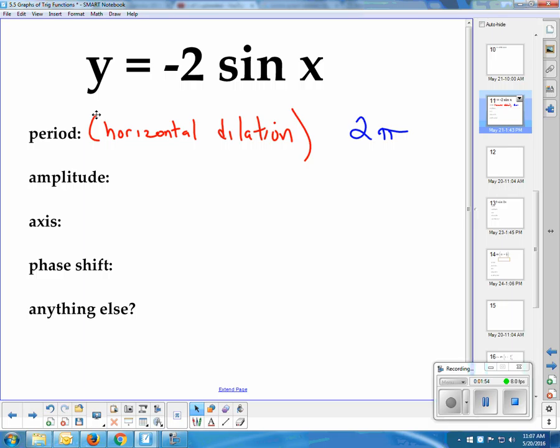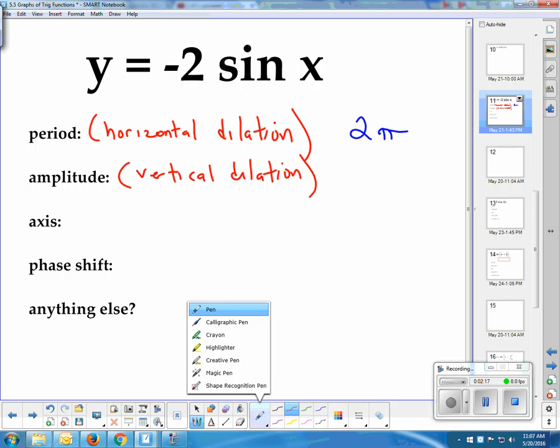The amplitude of the graph, remember, is going to be half of the height of the graph, and that is going to be a vertical dilation. And if we have a vertical dilation, that would be the coefficient in front of the function. We'd be multiplying the output by something. And in this case, we do see a vertical dilation.